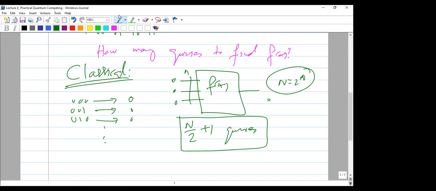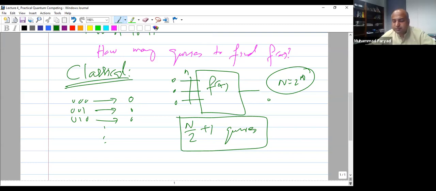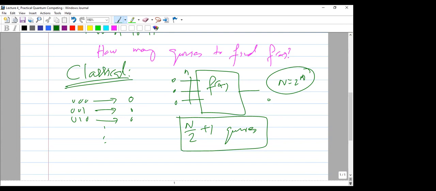Sir, a slight question. If we get a constant output for N by 2 plus 1 queries, can we say for certainty that it's a constant function? Because for a constant function, we need to have the same output for all inputs, not just for N by 2 plus 1 queries. Okay, thank you very much for the question. Remember, we have made a restriction on the black box.